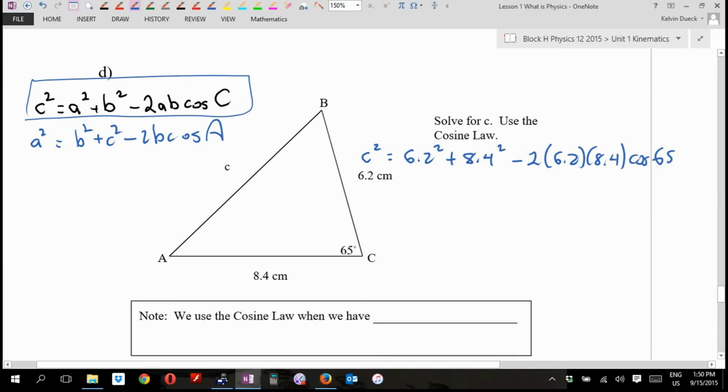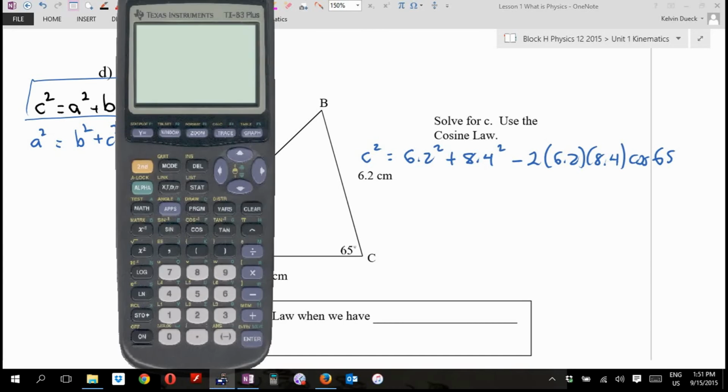And now, if you have a half-decent calculator, you should be able to type this in one fell swoop. And I do, so I don't show any more work. I go 6.2 squared plus 8.4 squared minus 2 times 6.2 times 8.4 cos 65.